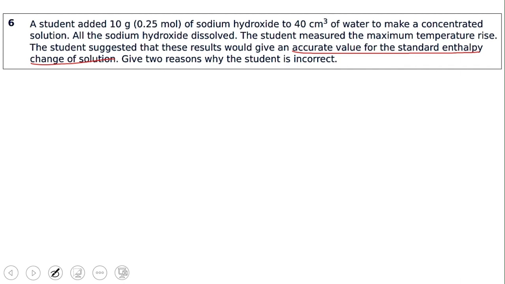So see, in this case, the student is just going to see that the sodium hydroxide and water are going to dissolve in each other, and it is going to see just the temperature change. But these are not the only two factors which are responsible for the enthalpy change of solution.